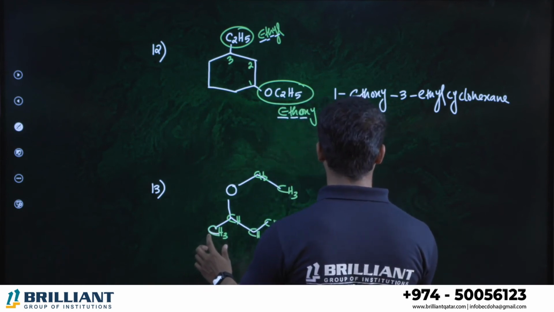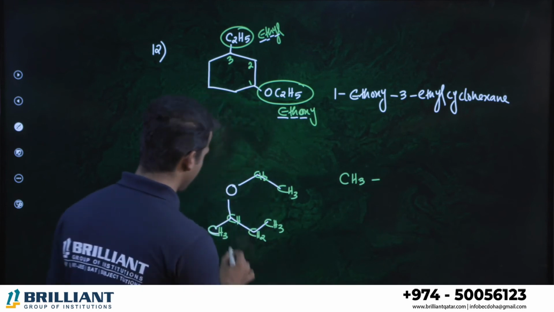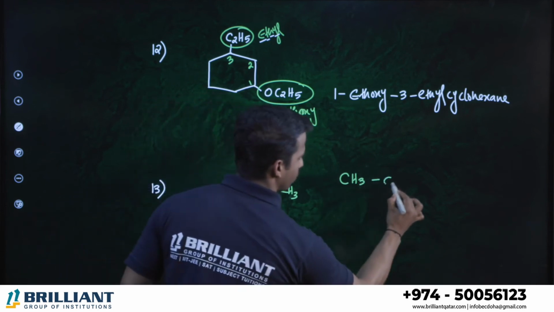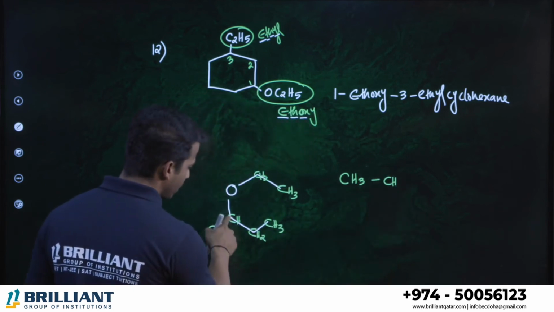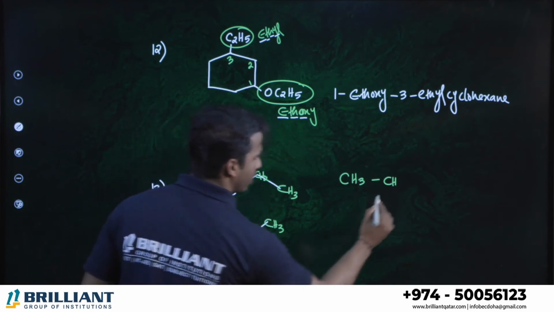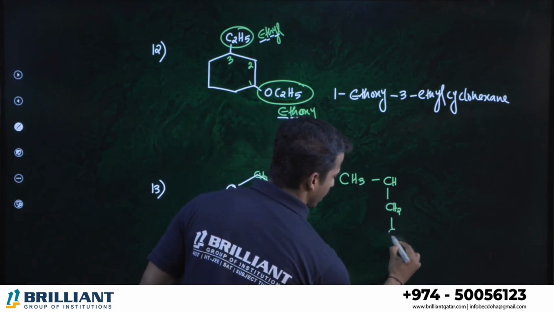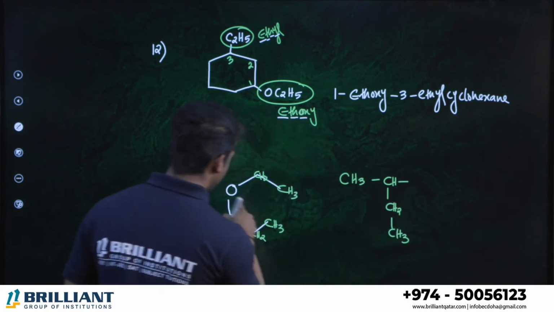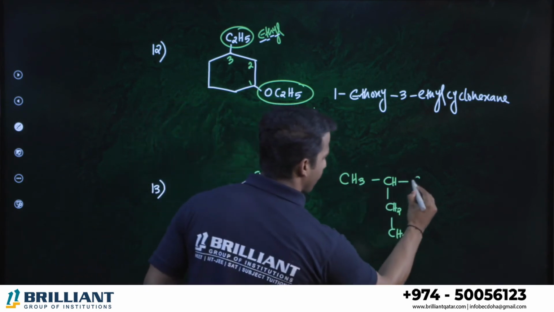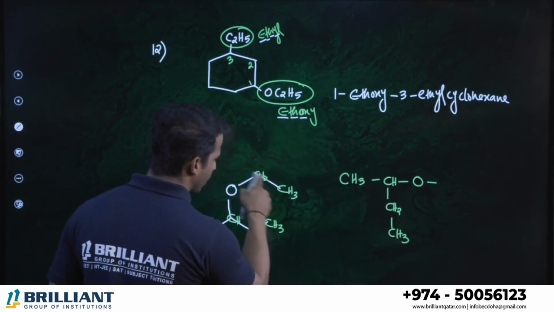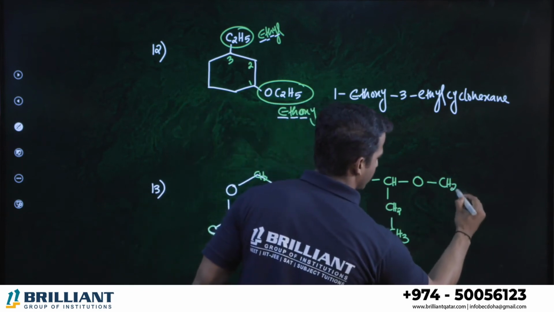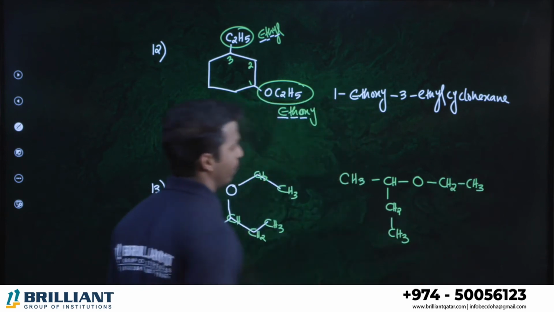It is connected to one CH. The CH contains one ethyl group down, right? CH2, CH3. The CH is connected to one oxygen. This oxygen also contains one ethyl group, so CH2, CH3. Check it, all of you. This is the normal format.